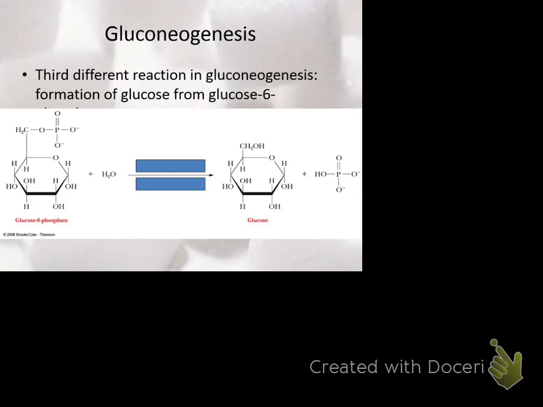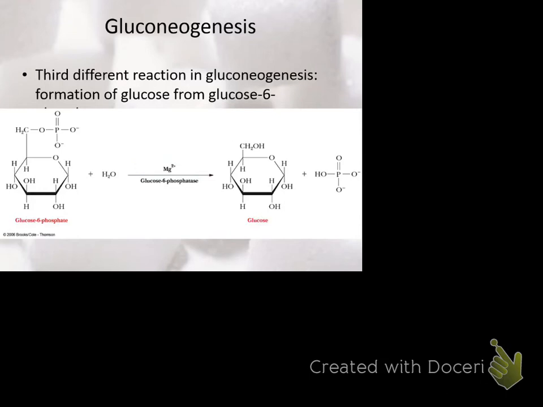So what class or classes of enzymes could this possibly be? That is correct. What cofactor is important when you have phosphates? Magnesium. Yes. So, yep, glucose 6-phosphatase.